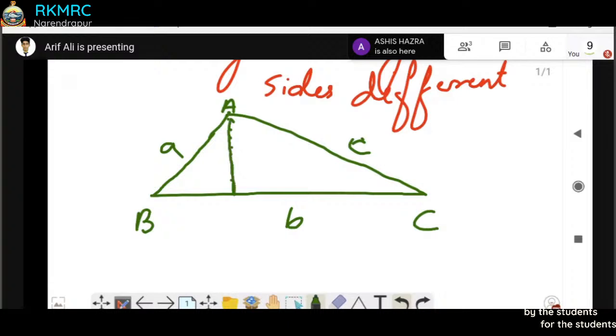You can imagine that all the sides are different. But we can't say that these two are equally divided. You can see in the picture itself. So this is your ABC, all the sides.